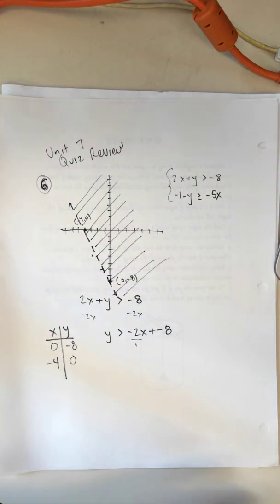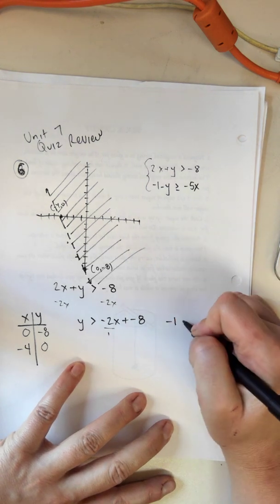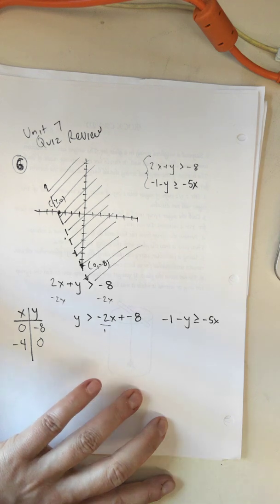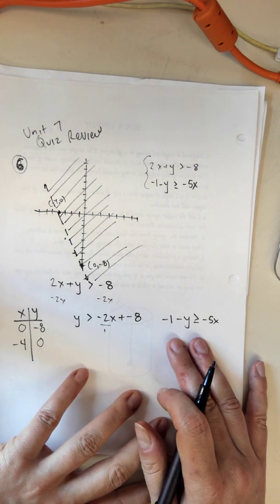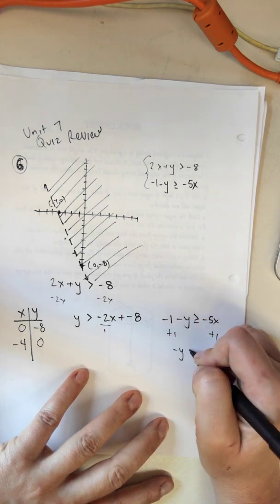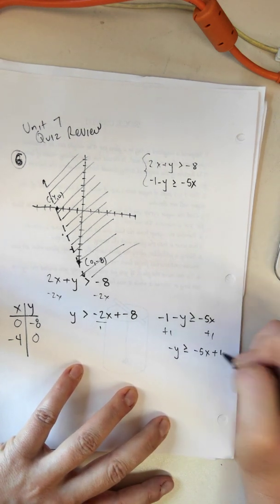Now let's do the other half of the problem. The other line is negative 1 minus y is greater than or equal to negative 5x. I do love a slope-intercept form kind of problem. I'm going to add 1 to both sides. So I get negative y is greater than or equal to negative 5x plus 1.